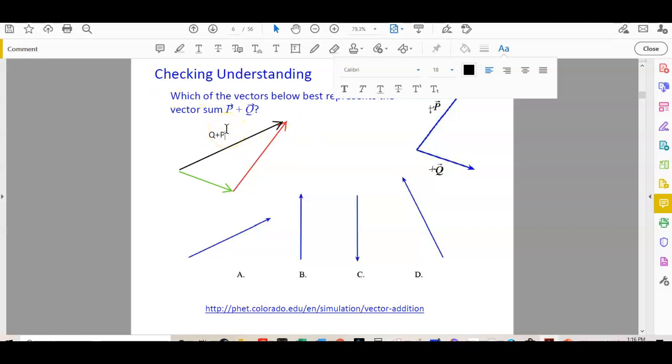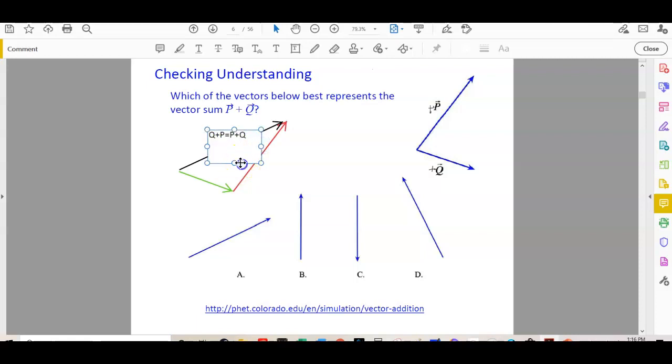Which is equal to P plus Q. So I want to point that out, that those two things are equal, okay?